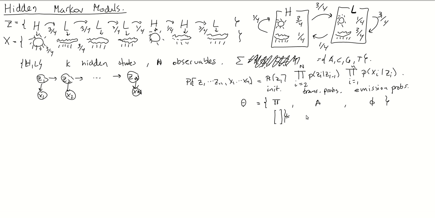And A would be a k times k matrix. So you can think of the ijth entry as the probability of being in the ith hidden state and transitioning to the jth state. This is not that formal notation here.